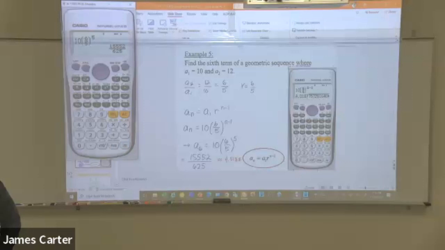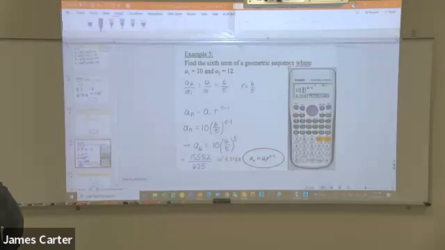Okay, and then when I hit the standard decimal key, it should be 24, not 4. There. That's a little better.